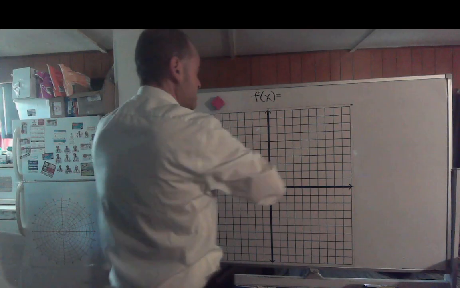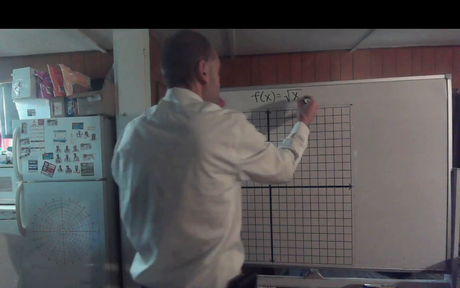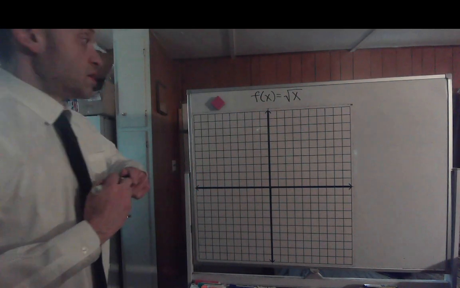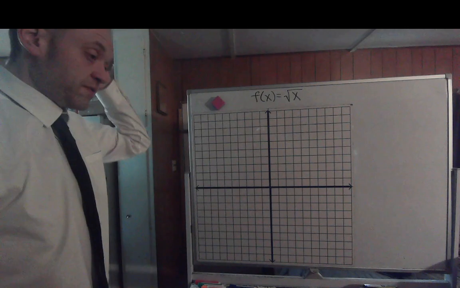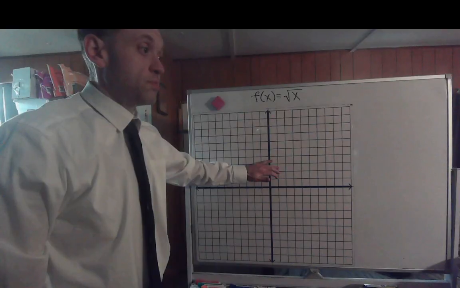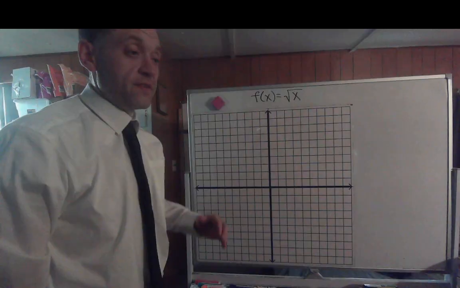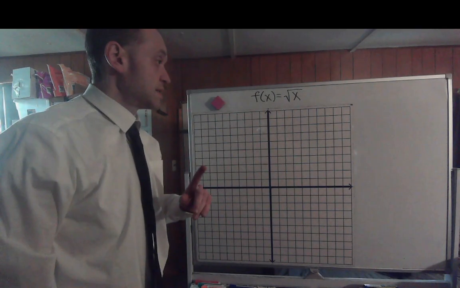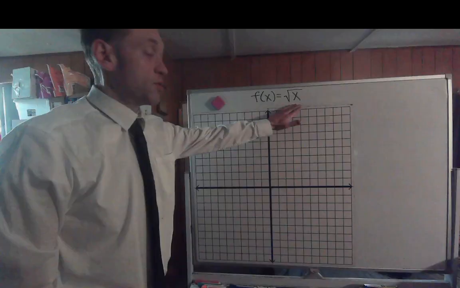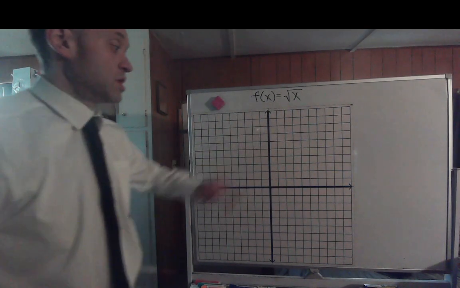So, for example, f of x equals the square root of x. Well, it's even defined at x equals 0. There's no vertical asymptote, so it's not an infinite discontinuity, but we know the square root of x is not defined for any values less than 0.